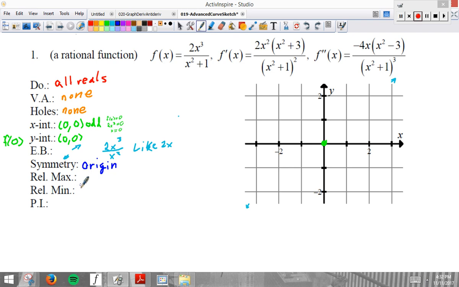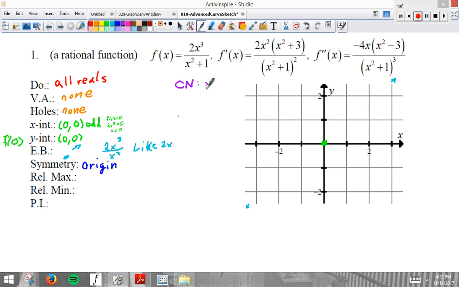For relative maxes and mins, now we're finally going to be talking about f prime. The critical numbers of f are the zeros and the discontinuities or the domain issues of f prime.